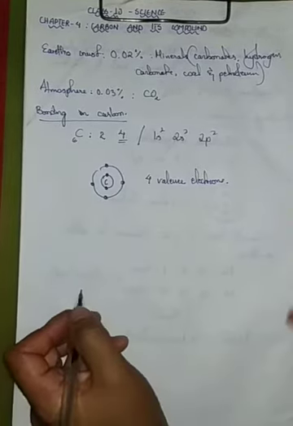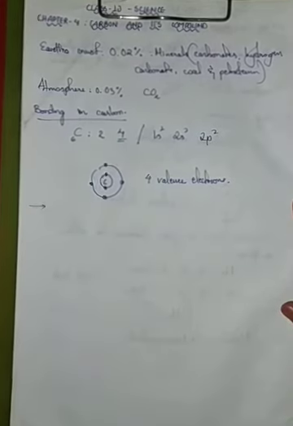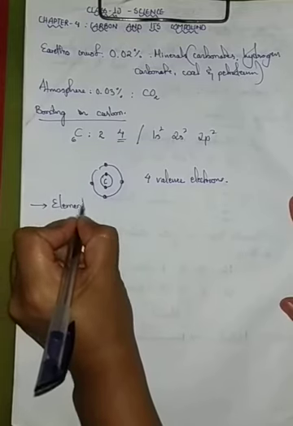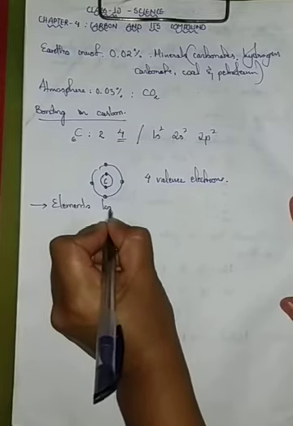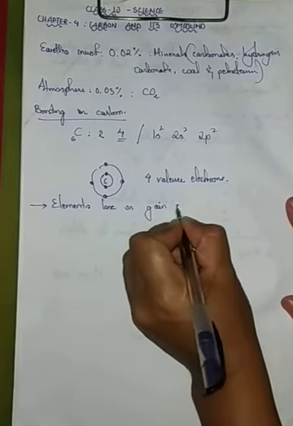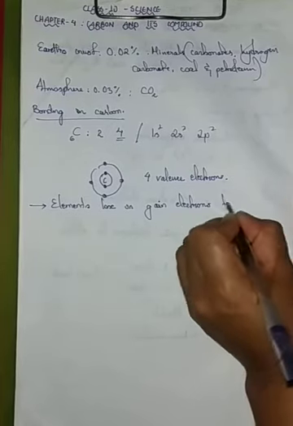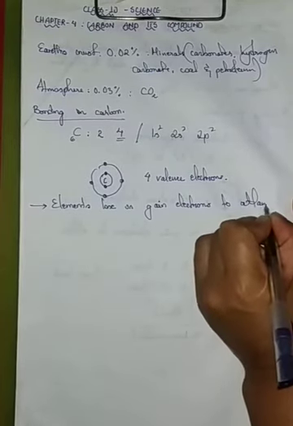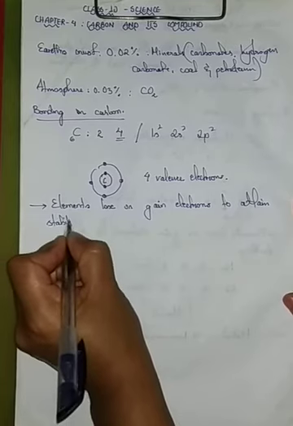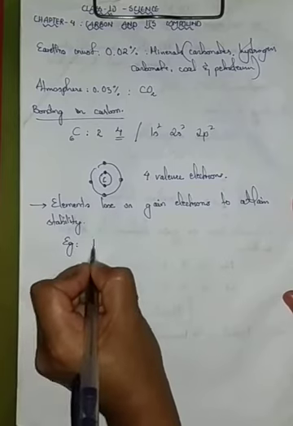Now, to study the bonding nature, let us first see one example. Remember, elements lose or gain electrons to attain stability. For example, the sodium atom.